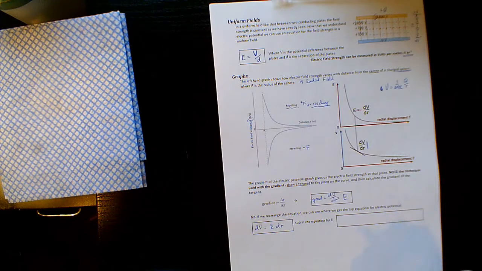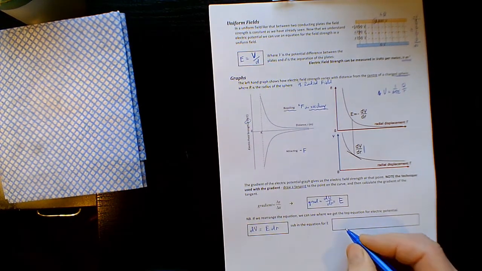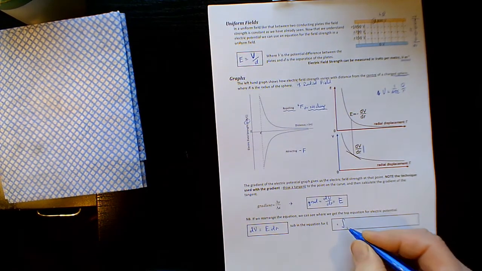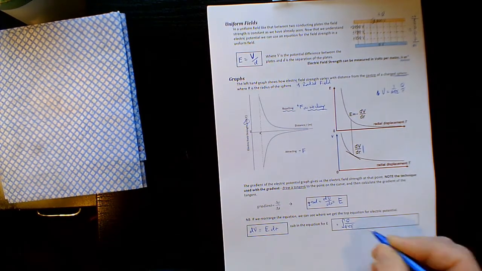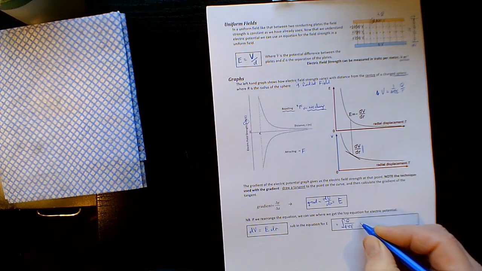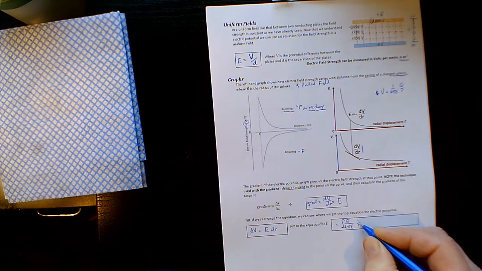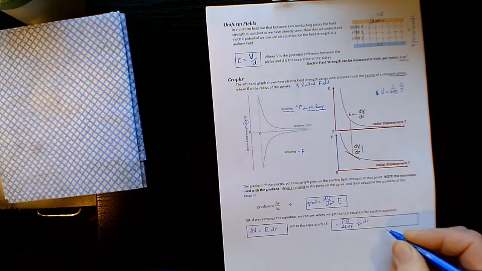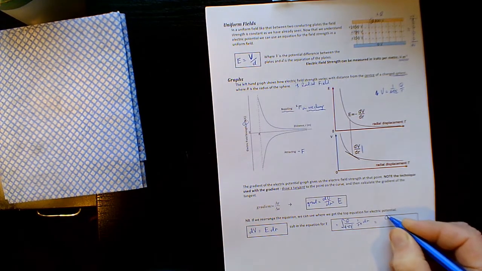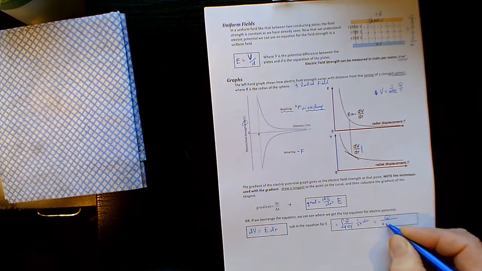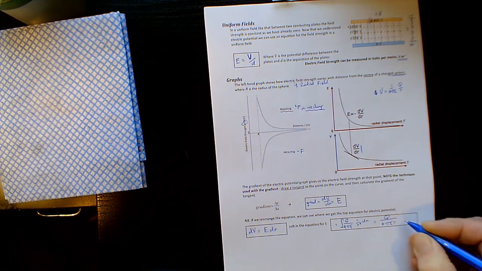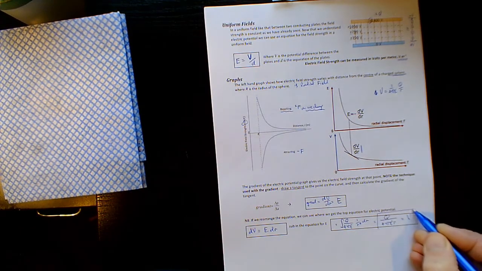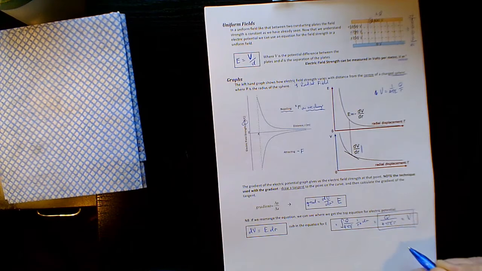So if we take our differentiation work in reverse and substitute it in, we get Q over 4 pi epsilon, that's all a constant, times the integral of 1 over R squared dr. Then we end up with Q over 4 pi epsilon R, which equals V. Why am I doing that? Because that's where our definition came from at the beginning.